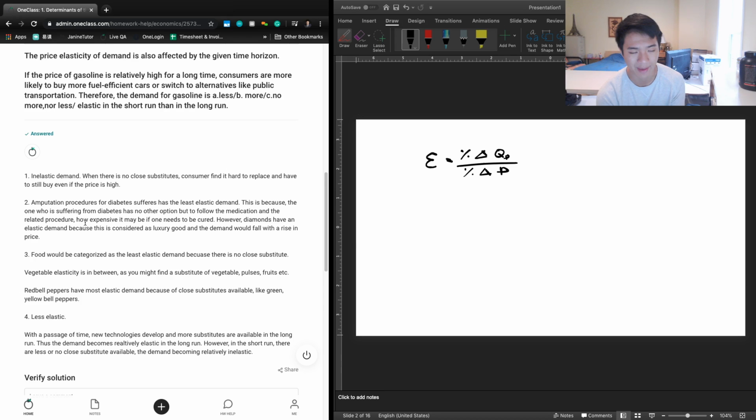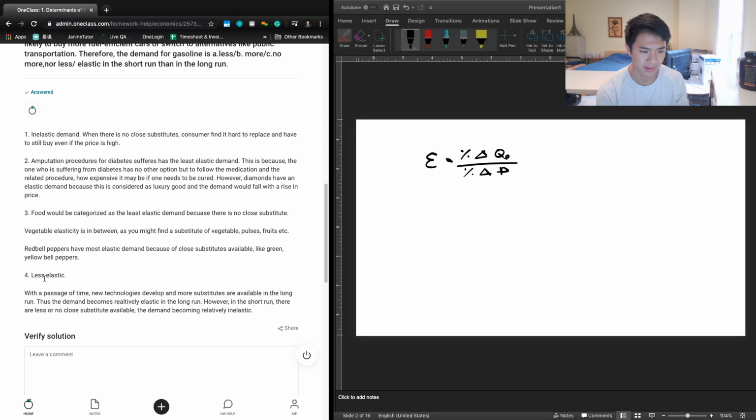And so given more time, all things are more elastic because you give consumers more time to adjust, to find substitutes, or to make lifestyle changes that make a good less necessary in their daily lives. And so, generally speaking, we would think in the long run, goods are more elastic, and in the specific case of gasoline, we also think that in the long run, goods are more elastic. So in the short run, they would be less elastic. So that would be A.